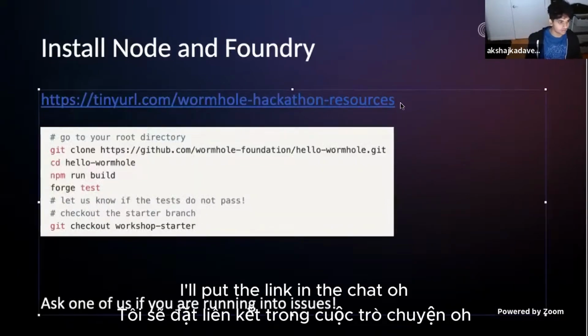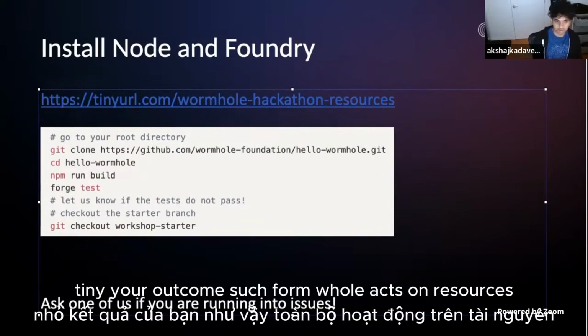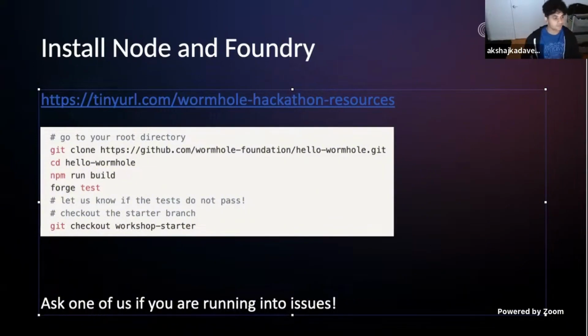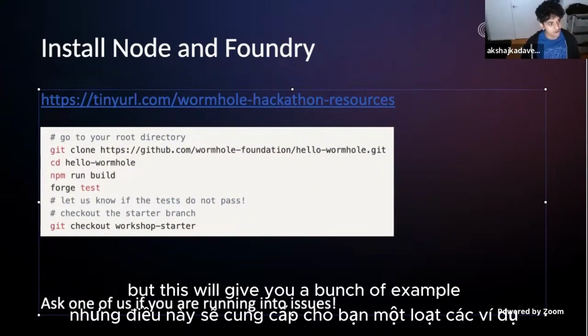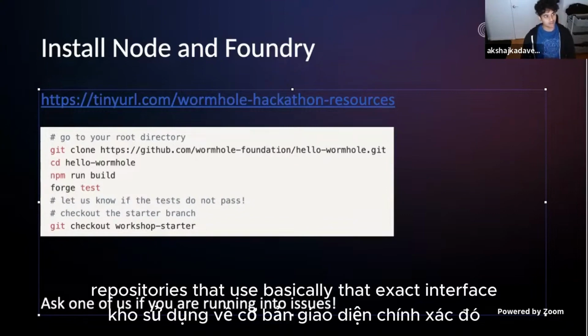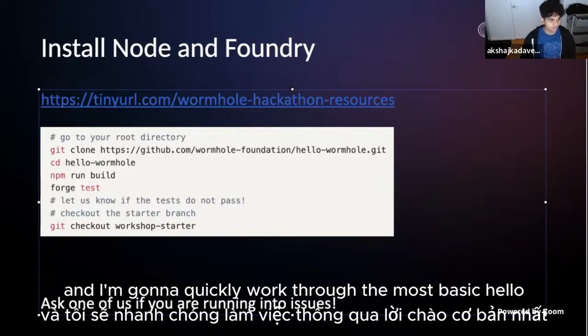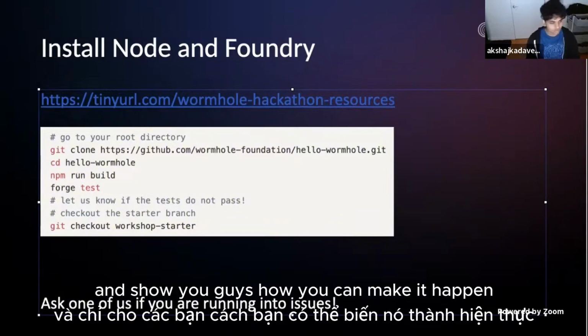I'll put a link in the chat: tinyurl.com/wormhole hackathon resources. This will give you a bunch of example GitHub repositories that use basically that exact interface I showed you. And I'm going to quickly work through the most basic hello wormhole example right now and show you guys how you can make it happen.